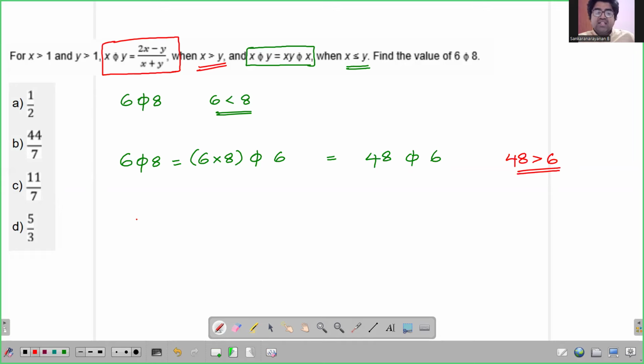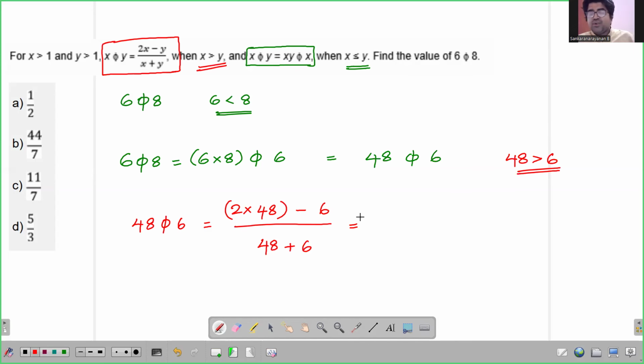So I can see that for our 48 phi 6, I have to do the calculation as 2 into 48 minus 6 divided by 48 plus 6.